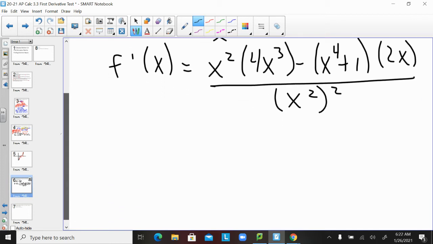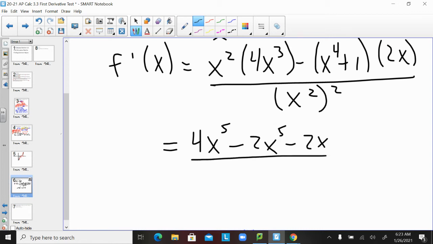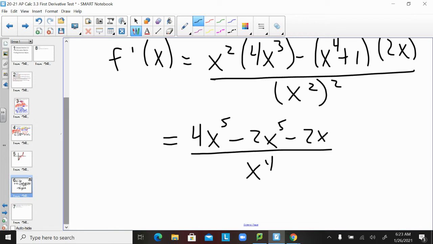So let's, in fact, do some algebra here. I'm now simplifying the derivative. This is 4x to the 5th, and I'll distribute that minus 2x, so minus 2x to the 5th minus 2x, over x to the 4th. I'll keep simplifying.